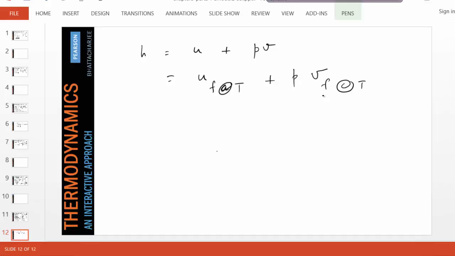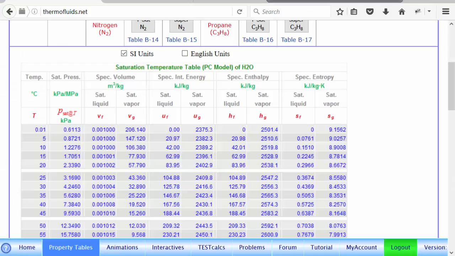So U and V can be picked up from the table, and pressure is given, so we can evaluate enthalpy. So what is Uf and Vf at 25 degrees? Go back to the 25 degree table, and we can pick up this number here. Vf is essentially 0.001. There's no point making it so accurate. Vf is known, and Uf is obtained from here, 104.88.